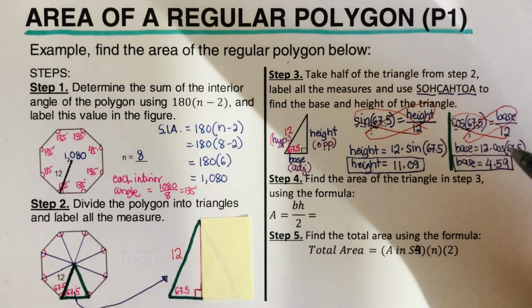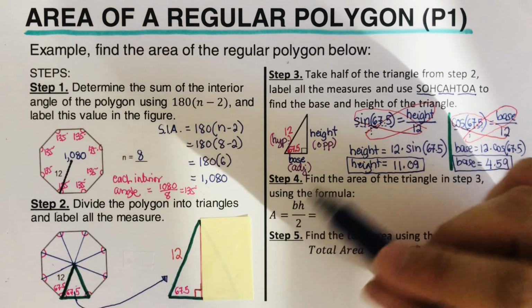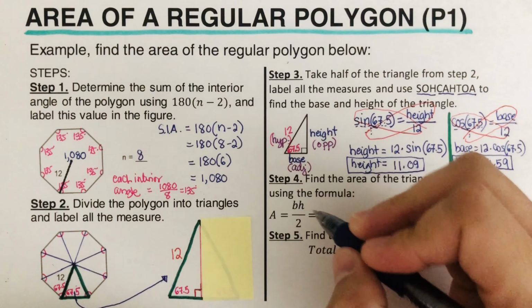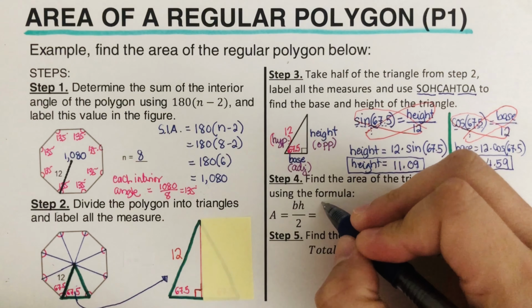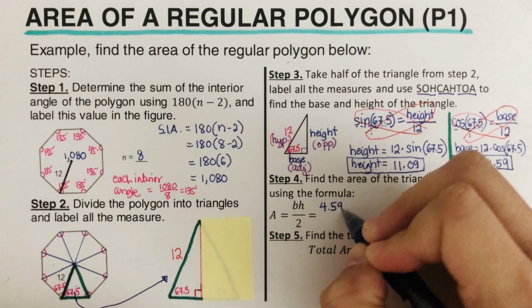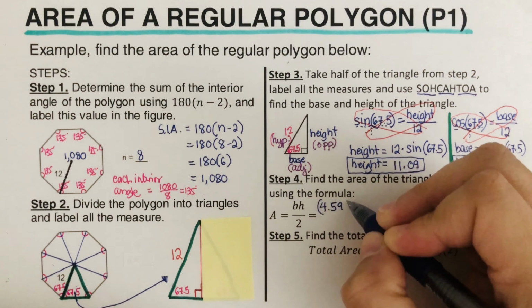Now, we are supposed to find the area of just this triangle right here. We already have the height and the base, so we plug it in. Our base is 4.59, our height is 11.09, divided by 2.